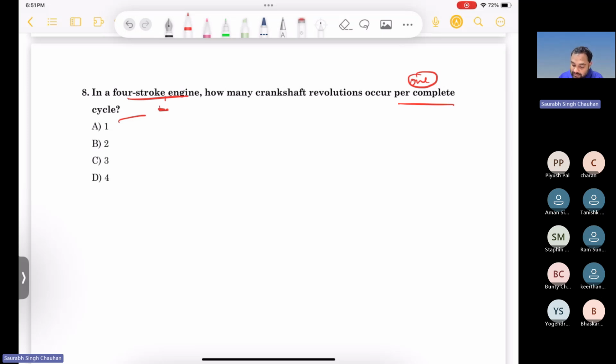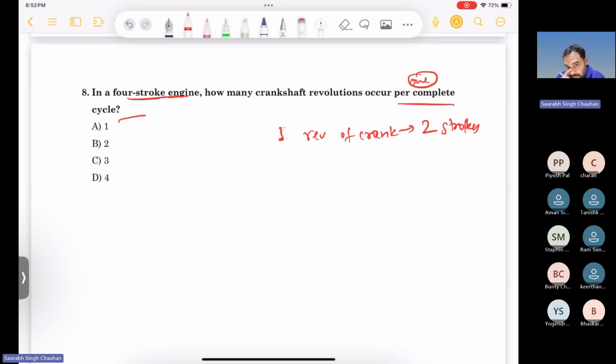One revolution of the crankshaft corresponds to 2 strokes.